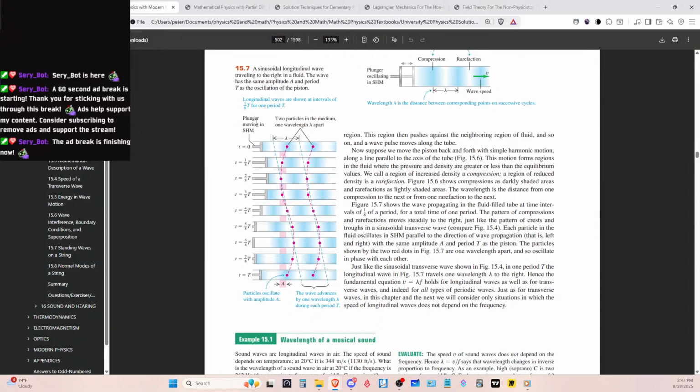So we have the piston here, and two particles in the medium. I'm guessing they're supposed to be still here, but then we push the piston in. The two particles in the medium are one wavelength apart.